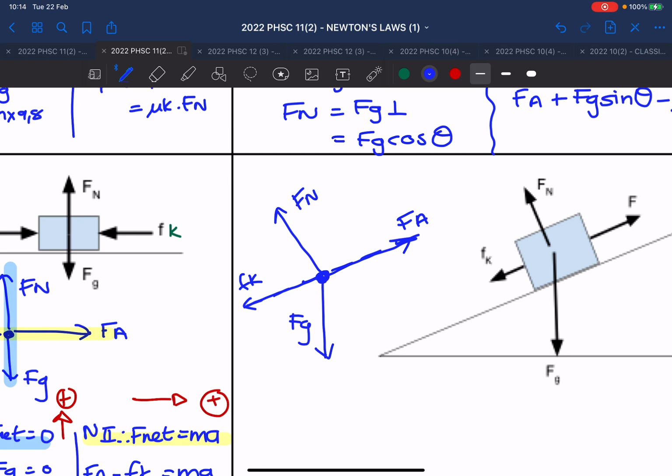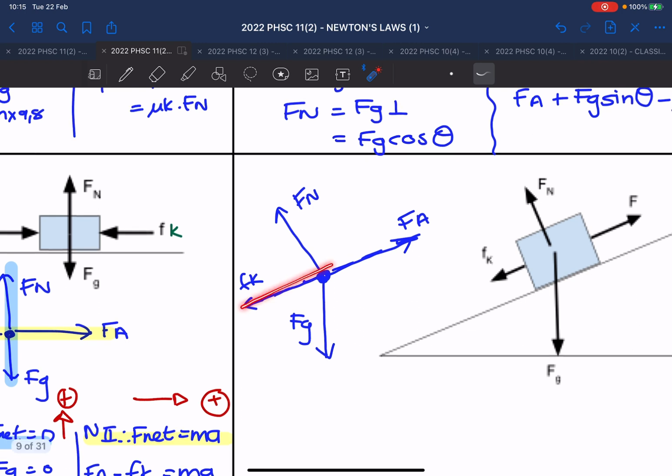Clue: something with the surface. There's Fk, there's the surface. Parallel to the surface, and in the opposite direction of motion. So if we can see it's being pushed up, then it's in the opposite direction of motion.